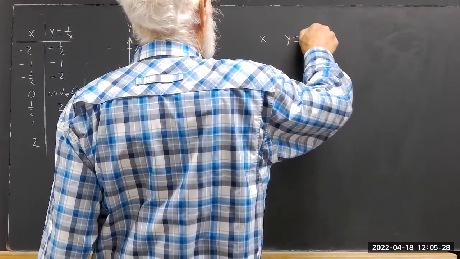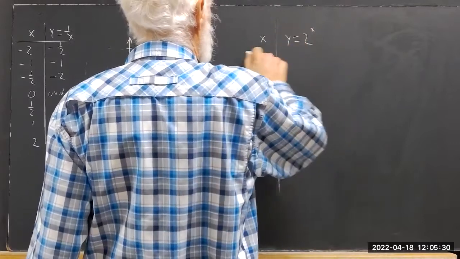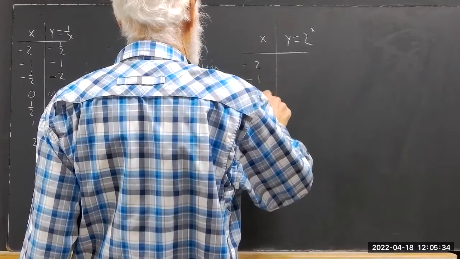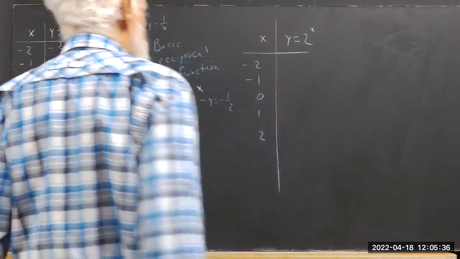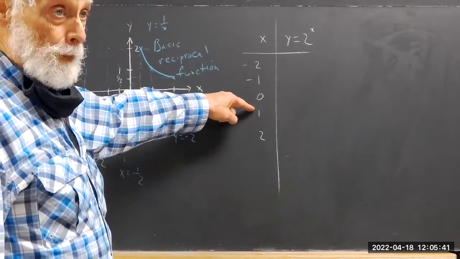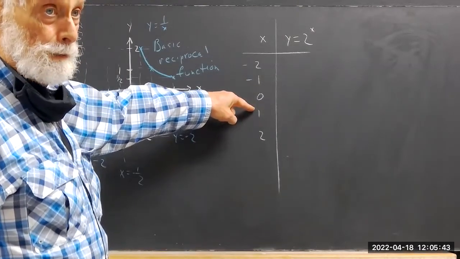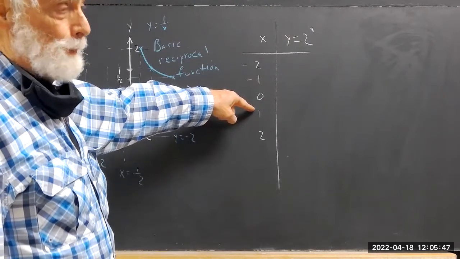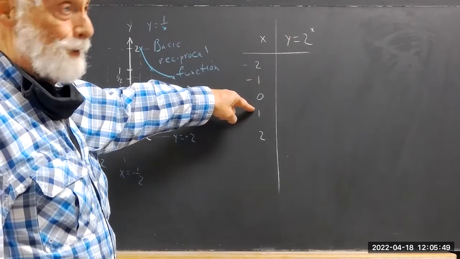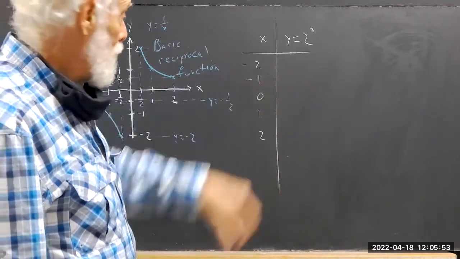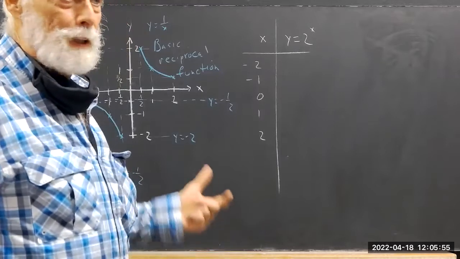Let's go to the 2 to the x graph. Again, I don't put 1/2 in here because you can't calculate it. Your calculator can't calculate it. I mean, it'll give you 10 or 12 decimal points, but that's not an exact result.